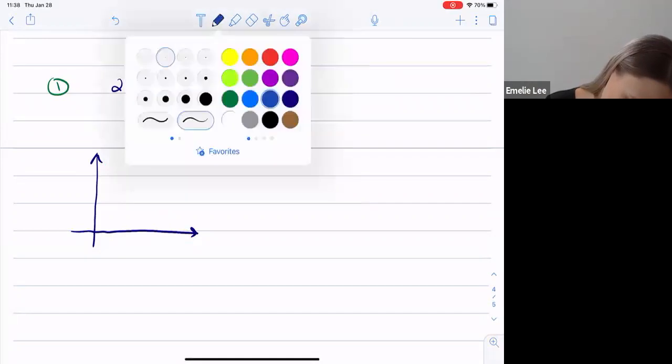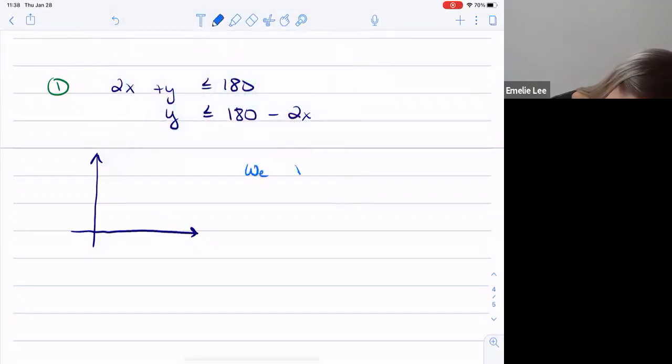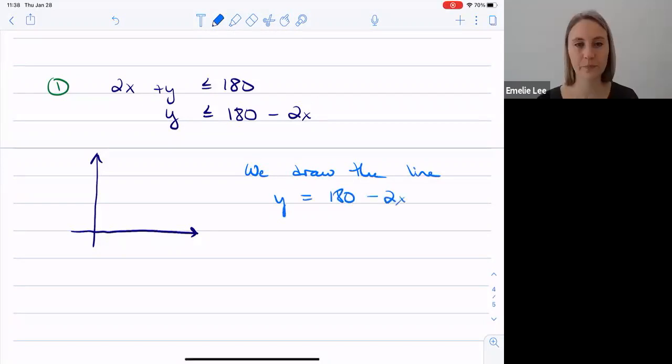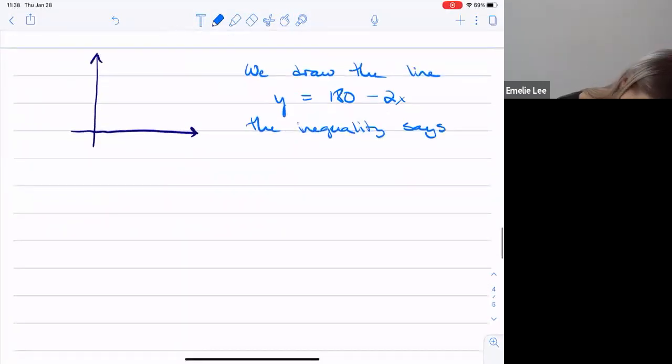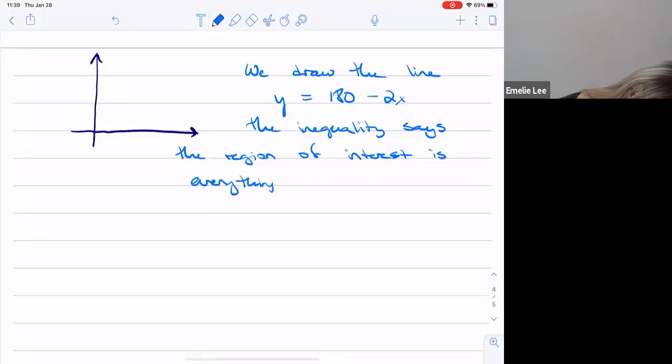So here we draw the line y equals 180 minus 2x, and the inequality says the region of interest is everything below the line.